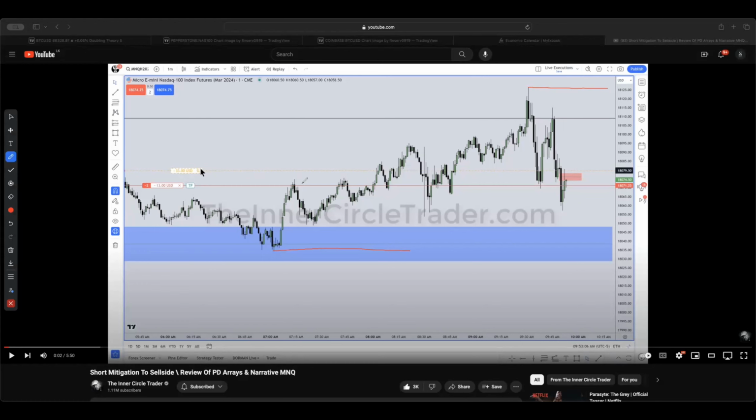If I'm eyeballing it, 50% is around here. Okay, 50% is around there, and 25% is around here. 75% is around here. So in this case, can you see how we traded through the 25, traded through to the 50.